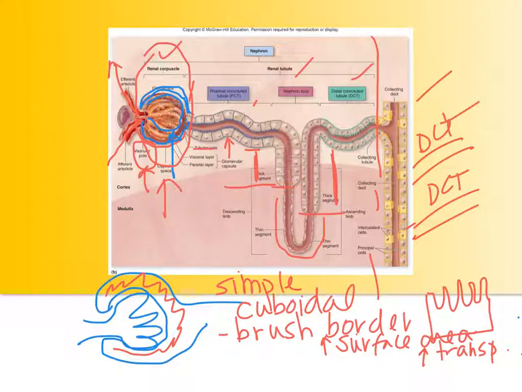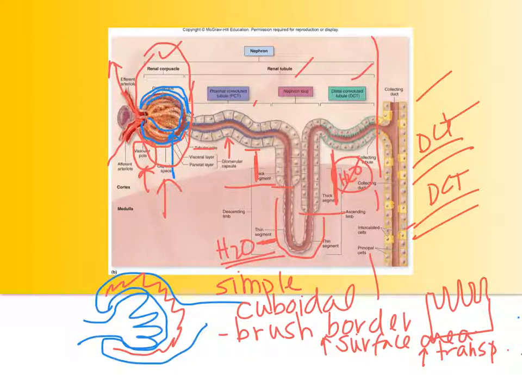Now the thick segment is not permeable to water. I have this in the other slide. So for the thin segment, let's put water permeable. Water can go through the thin, but it can't go through the thick. We'll talk about that more.